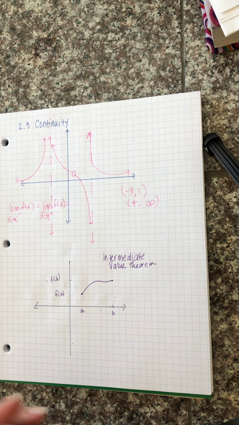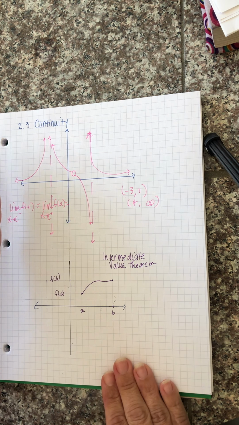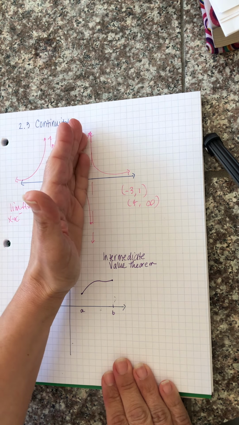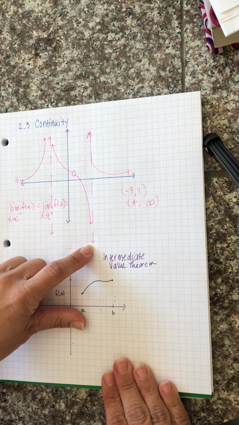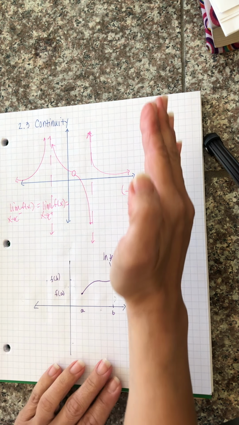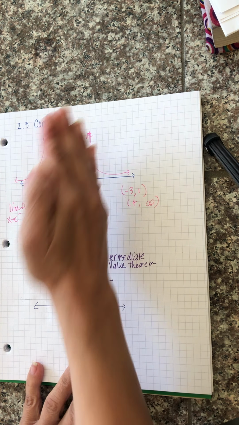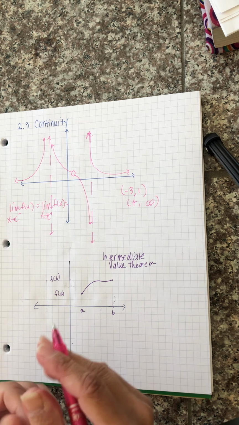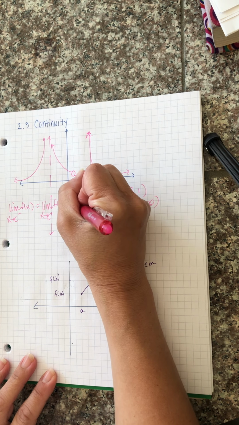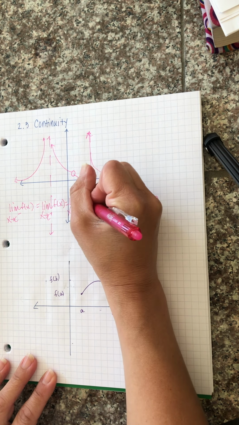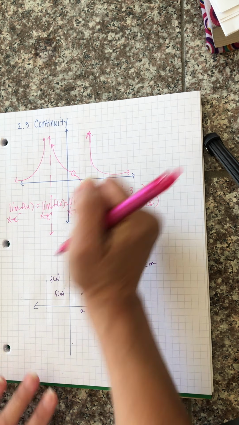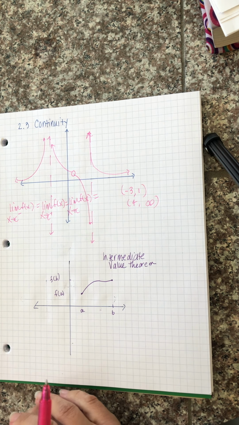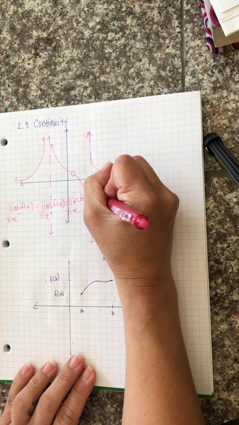So a little side note here, if I'm approaching 4 from the left, the limit is -infinity. If I'm approaching 4 from the right, the limit is +infinity. Okay, so those are not the same. And if a function is going to be continuous, they have to be the same. So this must equal the overall limit, which must equal the exact value.